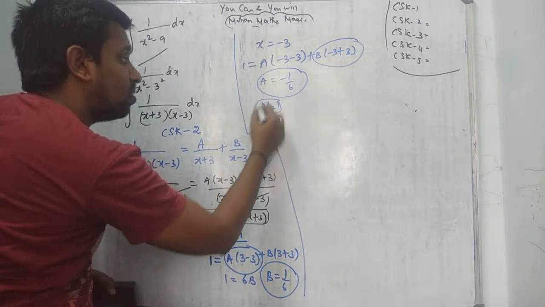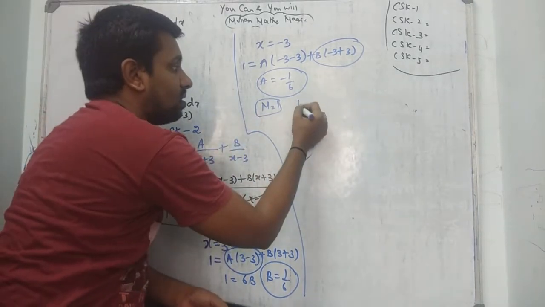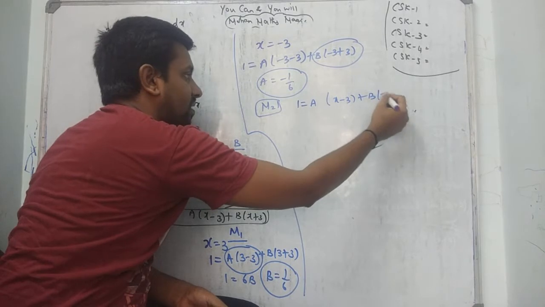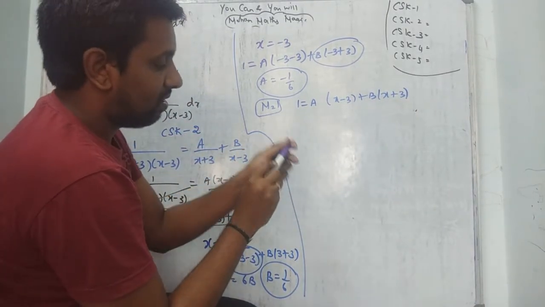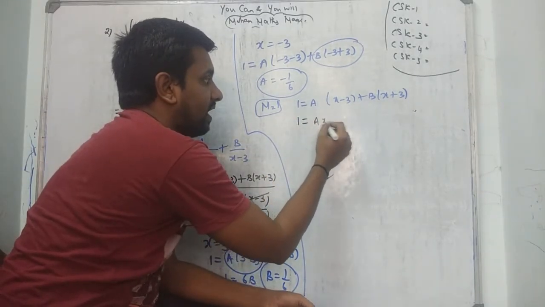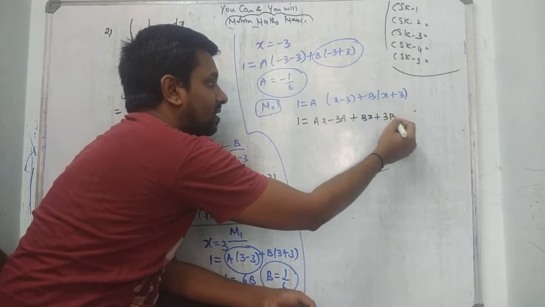What is method 2? Method 2, I already told you that you have to write this: 1 equals a into x minus 3 plus b into x plus 3. Whichever method is easier for you, you can go with that method. Method 2, just multiply inside. So 1 equals ax minus 3a plus bx plus 3b.